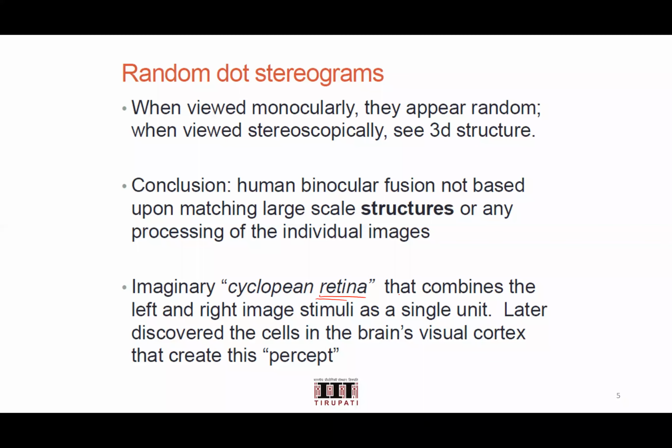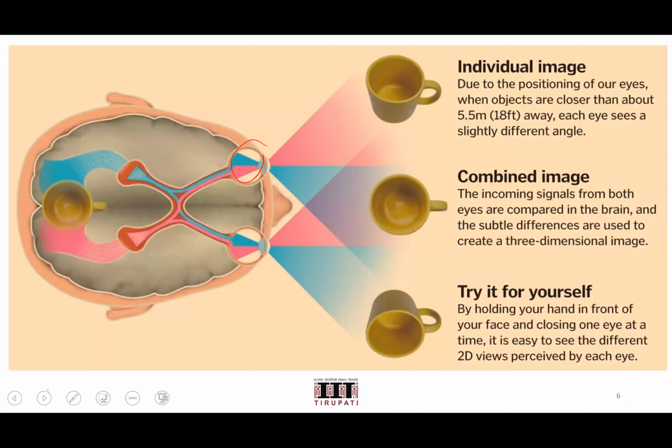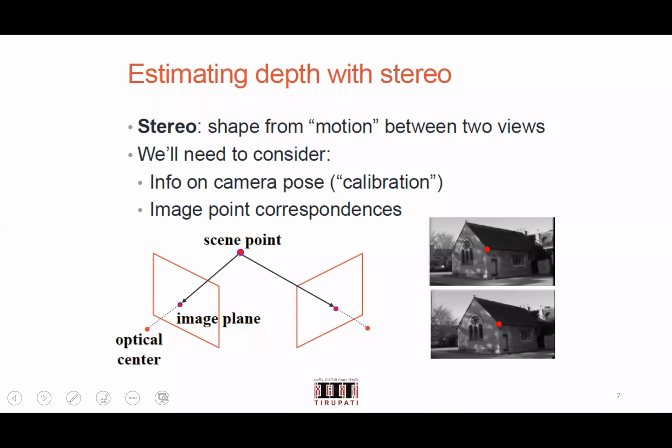By the time it goes to your brain to interpret things, you already have a fused image, and then it looks at the patterns, how much it has moved, and thereby interprets the depth. That's the basic stuff.